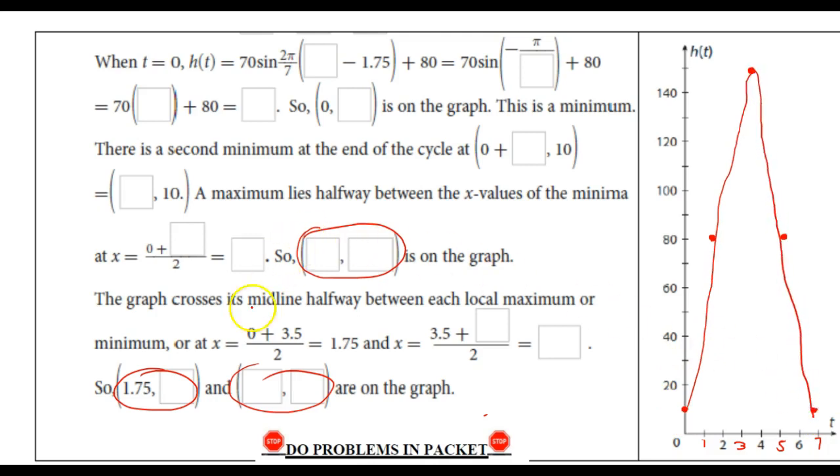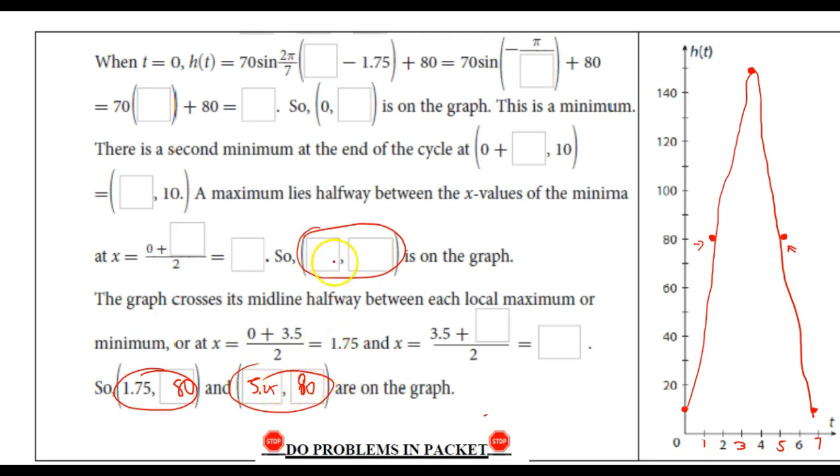And our points were at about 1.75, 80. We also had 5.25, 80, because those were our points.